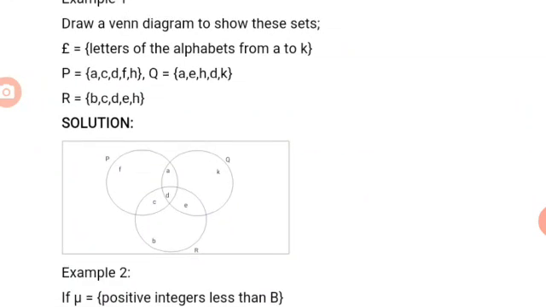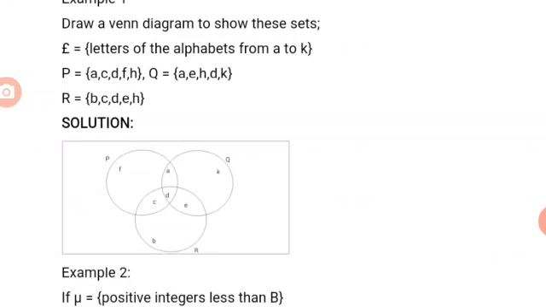If you look at set P and Q, what do they have in common? They have A and H. Is that clear? But H is not here, help me put the H there.